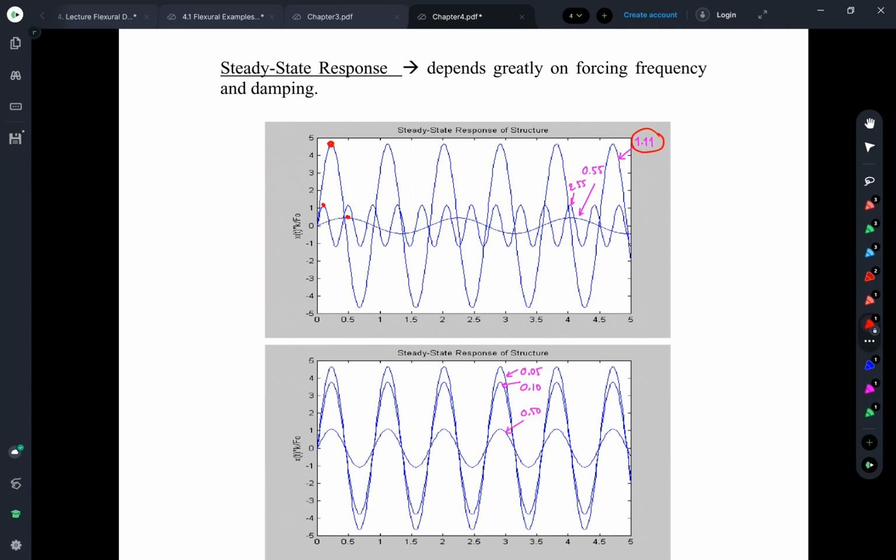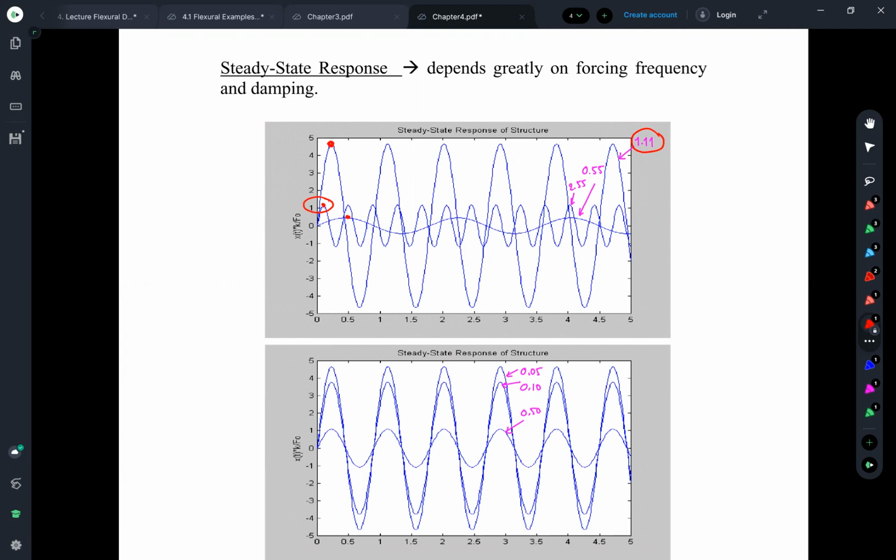But look at this. If my computation is not good, I design my building against this amplitude, just 1 point something meter.